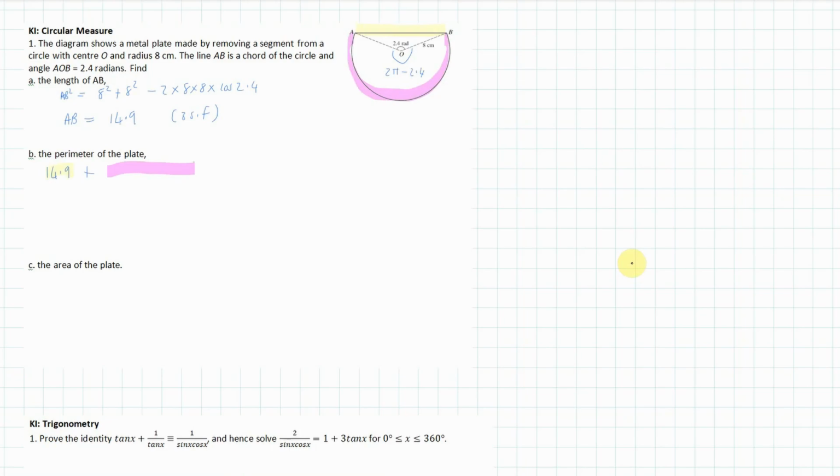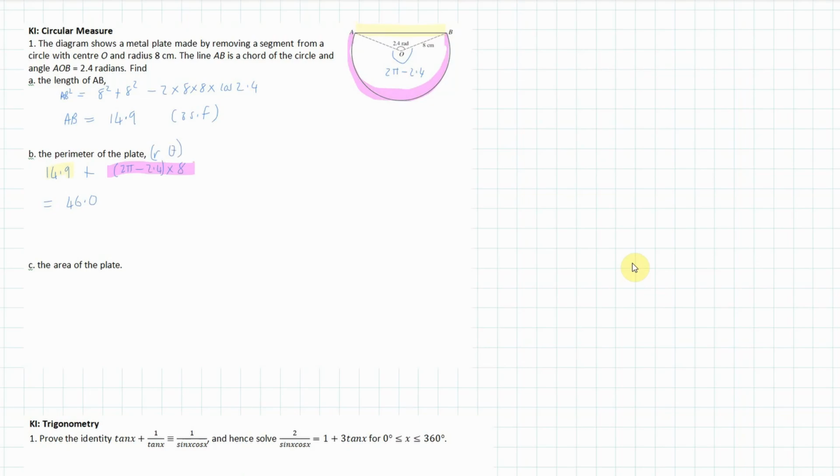So it's part of a circle, and it's going to be 2 pi minus 2.4 times by 8, because this is r theta. Remember, in circle geometry, when you want to find the arc length, it's r theta. Now when I chuck this all together, I think it's 46.0. If I can read my writing, I did this a little bit earlier.